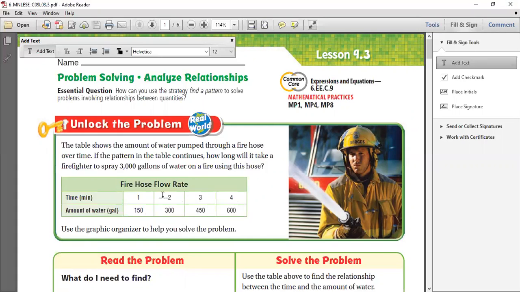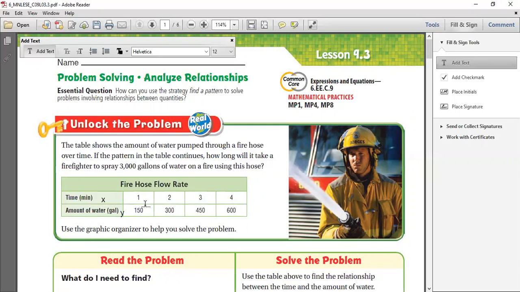Now, first, let's find out the pattern in this table. Okay, so the X is more than Y. Always, this is going to be the X for you, and this is going to be the Y. Fine, so 1, the X is less, so it has to be plus or multiply. So 1 plus 149, it's impossible, right?